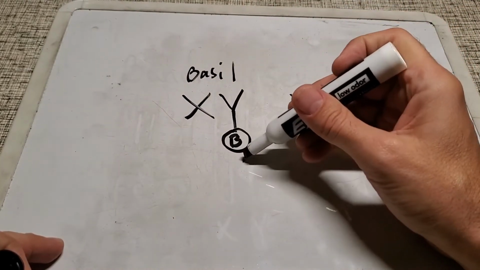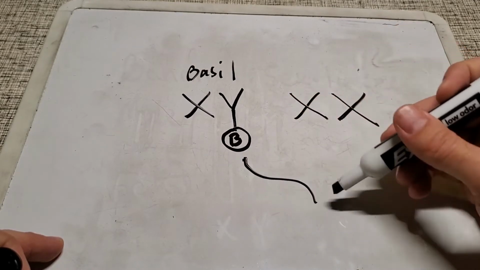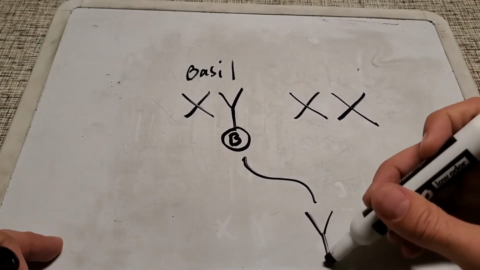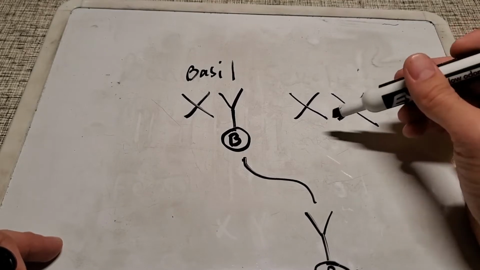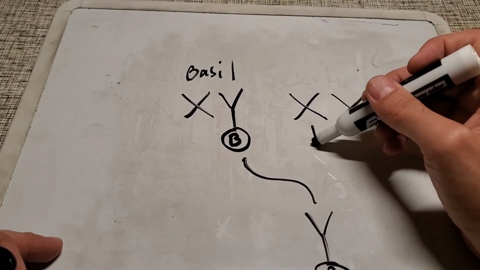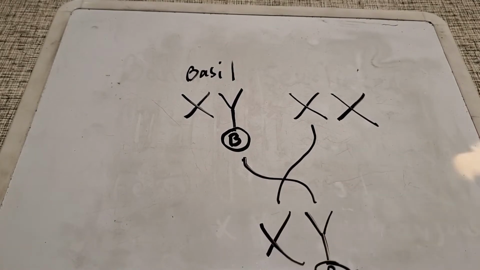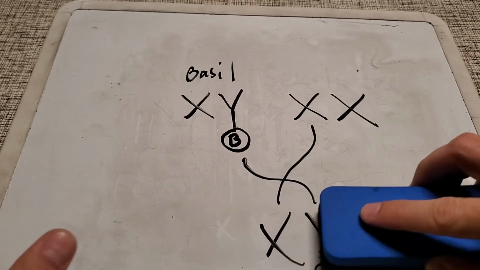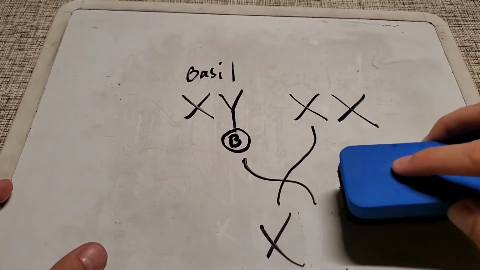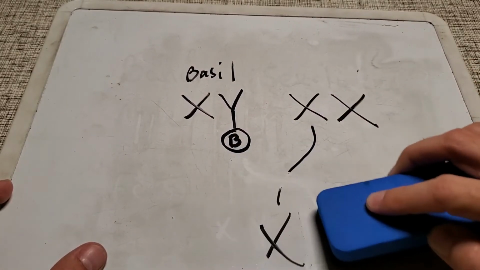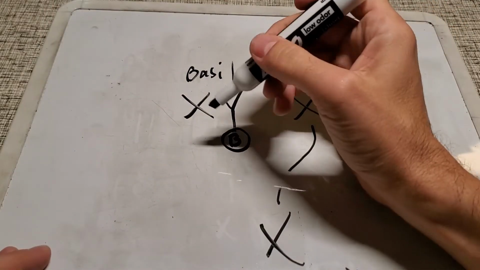So if this is a baby that he produces and he throws banana, it's going to be a Y tagged banana. Lucy is going to throw an X, but her X does not have banana on it. So that's a male offspring, and that is a banana offspring. On the other hand, let's say Basil throws an X chromosome.